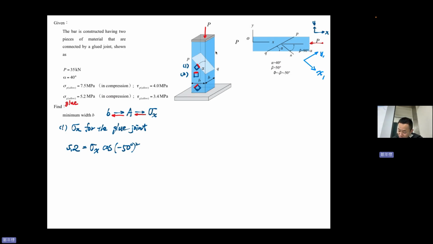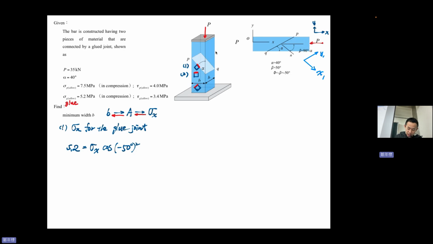The angle between x and x1 should be 90 minus 40, so this is 50, and it is clockwise, not from here, it should be here, so this is minus 50. That's the reason why this is minus 50, not 40. You need to be careful.